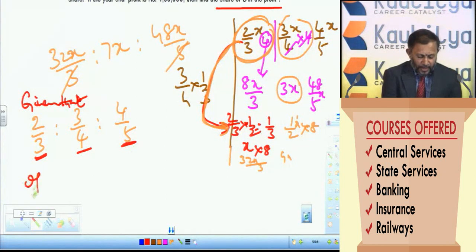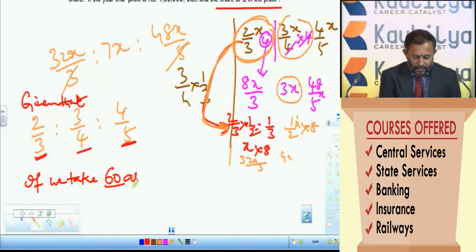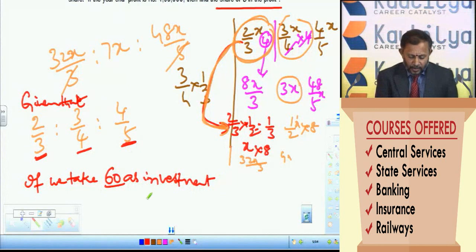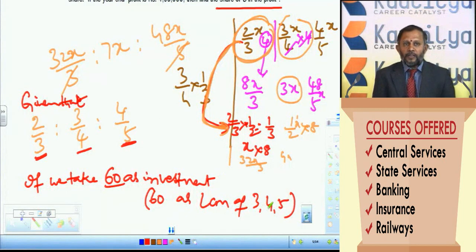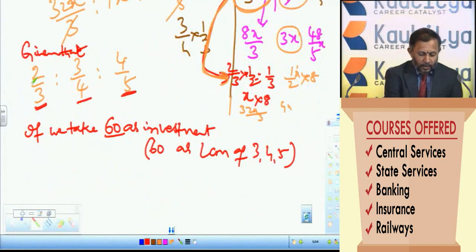If we take 60 as the investment, here you have to mention 60 as the LCM of 3, 4, 5, the numbers which appear in the denominator.